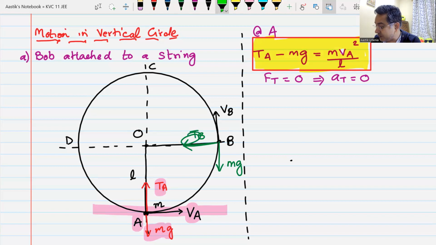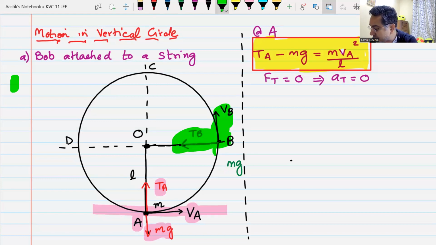Now please look at point B. These are the things at point B.